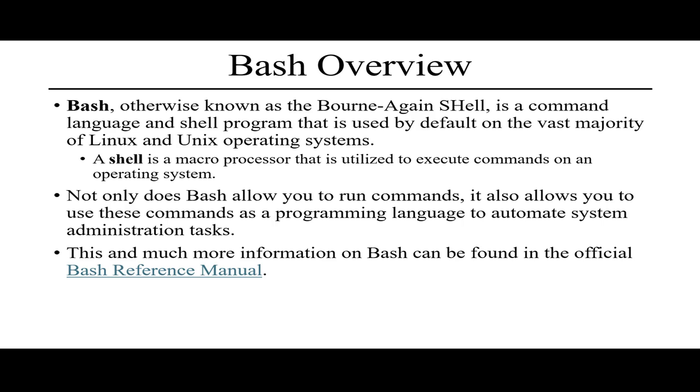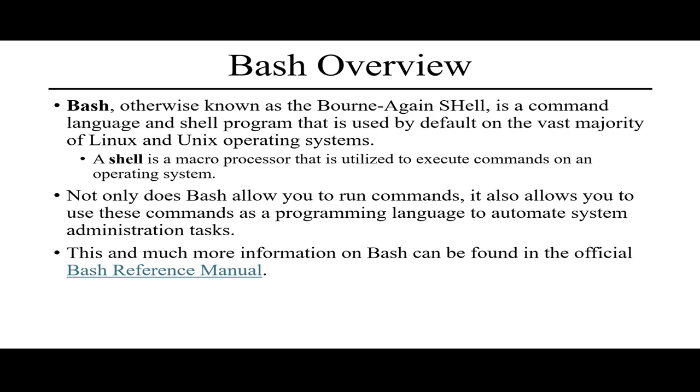Bash has a number of commands, variables, and other features that a number of previous terminal environments in Linux did not have. I will note that a shell is a macro processor that is utilized to execute commands on an operating system. Basically, it gives you a way to interact with the system with commands. The main feature of Bash is allowing you to run programs, but it also allows you to use these commands as a programming language to automate system administration tasks.